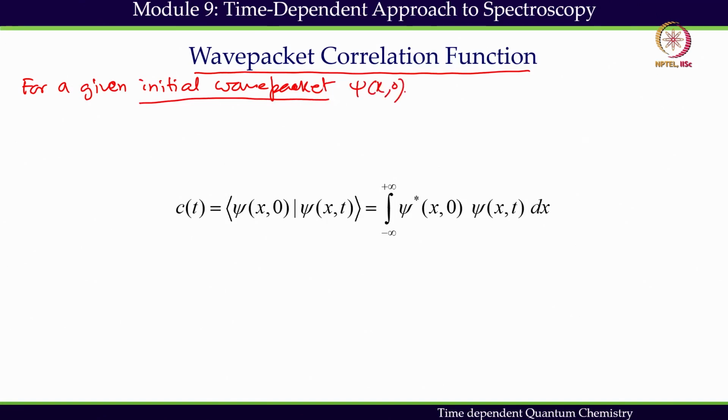This is the initial wave packet. For this given initial wave packet, either I can do analytical solution or numerical. Most of the problems need to be solved numerically, but we can have analytical solution, particularly for a Gaussian wave packet. We have seen that analytical solution is possible for Gaussian wave packet, now for the translational motion.